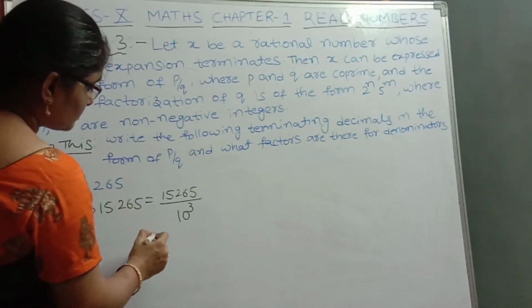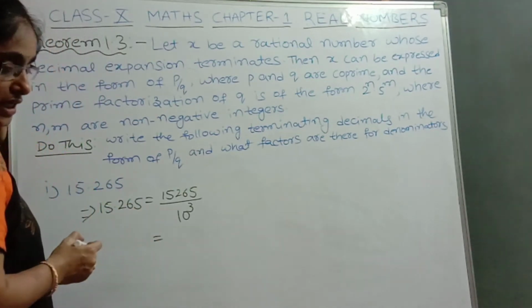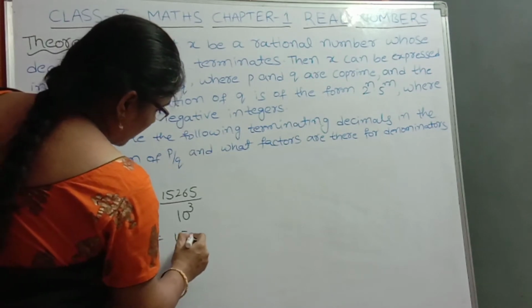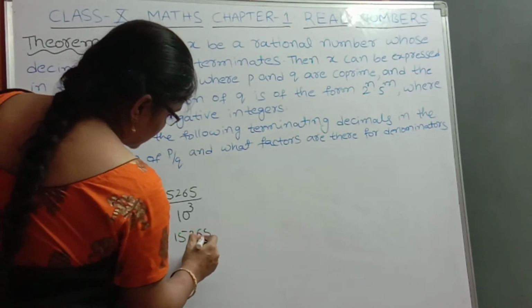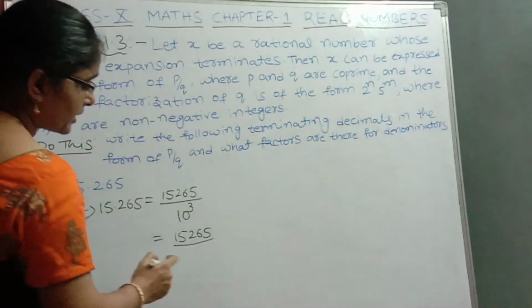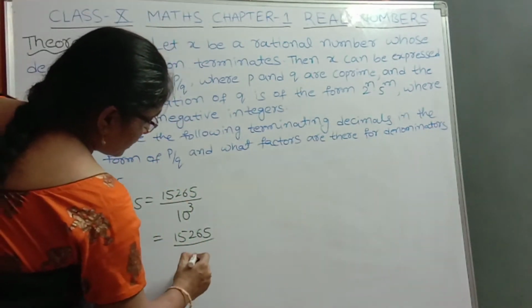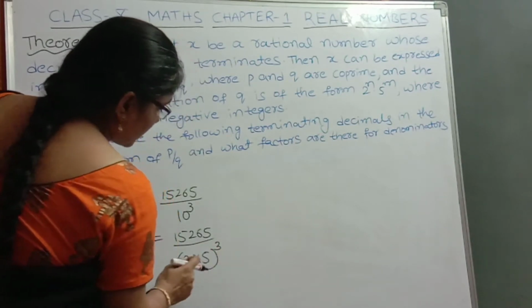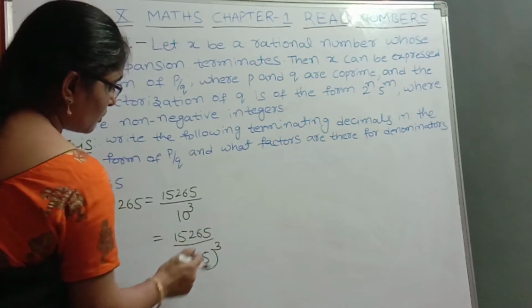And now again it can be written as 15265 by, here this 10 cube is written as 2 into 5 whole cube, that is 2 fives are 10, 10 whole cube.